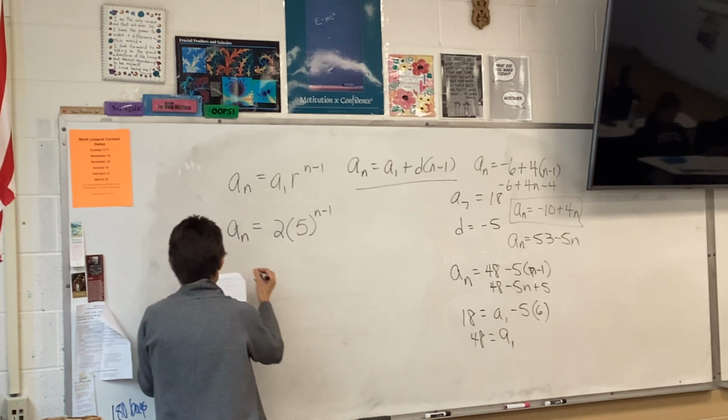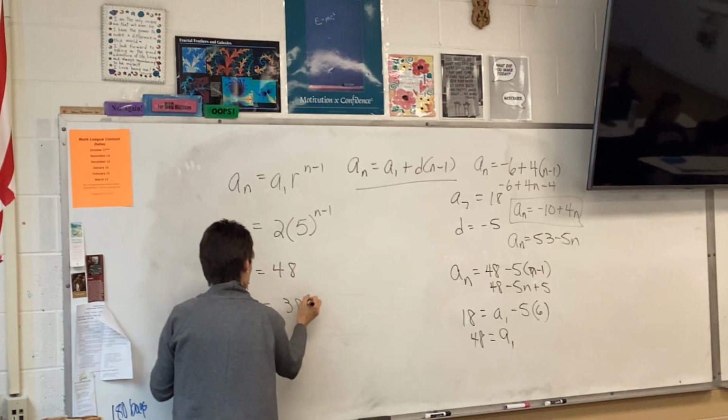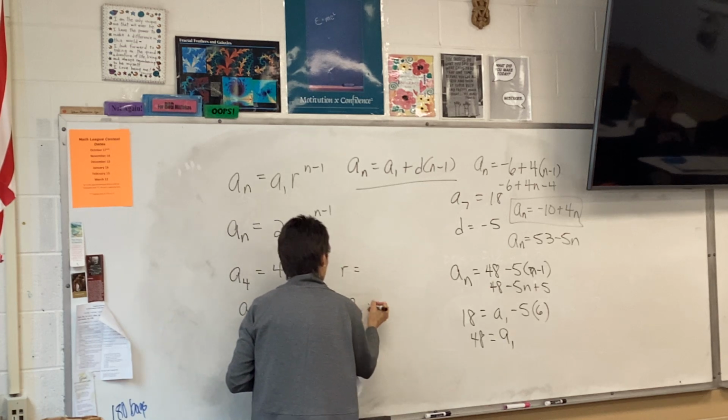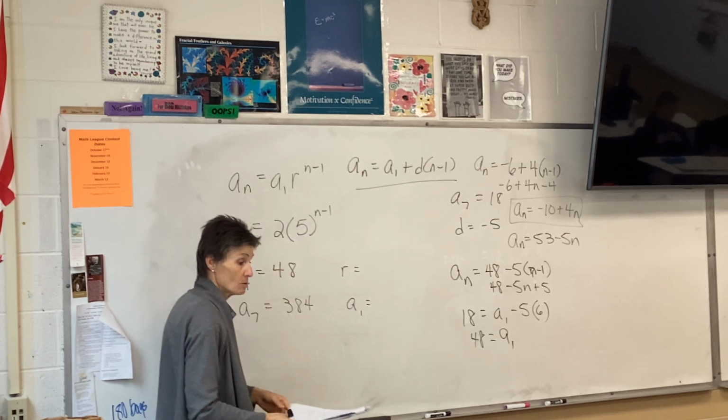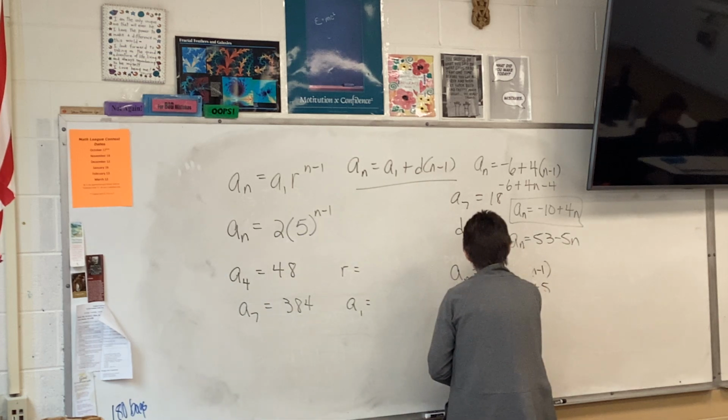A sub n is geometric, and we know the fourth term is 48, and the seventh term is 384. Find the common ratio and the first term. Oh, okay. A little exciting.